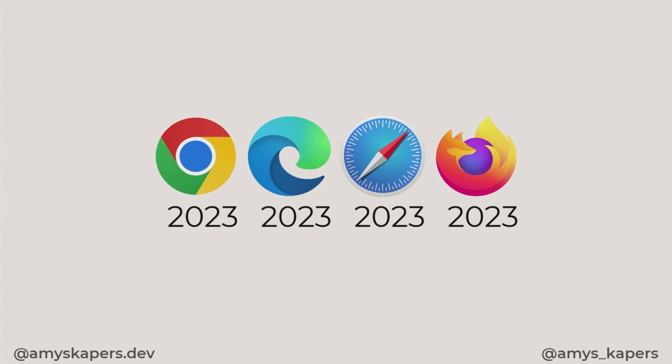CSS nesting is officially supported in browsers as of last year, which is really exciting because it means we can start to do this natively without having to use a build tool. I've spoken to a whole lot of developers, and like 90% of the reason why they use preprocessors is for nesting. The fact that we can do this just in the browser now is pretty awesome. So that's getting rid of one JavaScript tool as part of our pipeline.